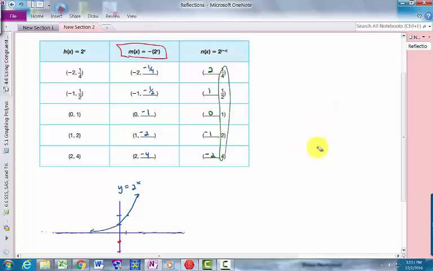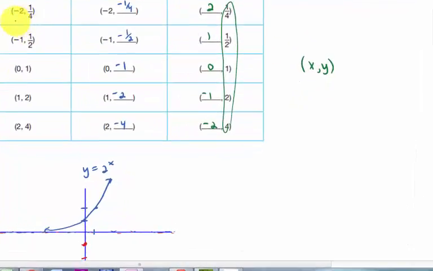Okay, how does this look symbolically? Let's do coordinate notation. We started with the original x, y, that was these values over here. And what did those become? Those became negative x comma y, or the opposite of x comma y. That's coordinate notation. Function notation. What did we do?